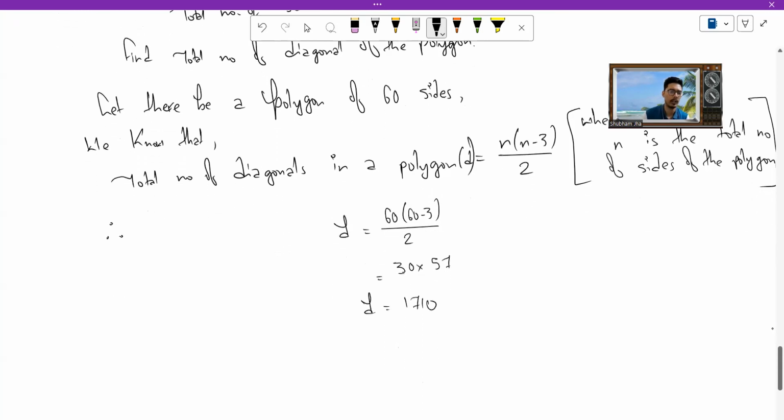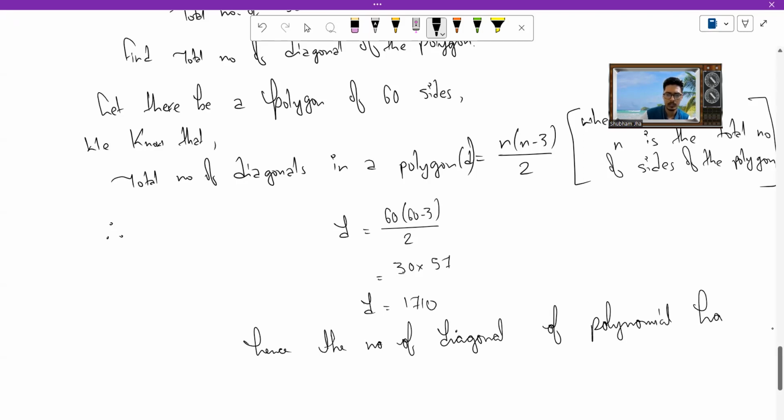So you can also write here, hence the number of diagonals of a polygon having 60 sides is 1710.